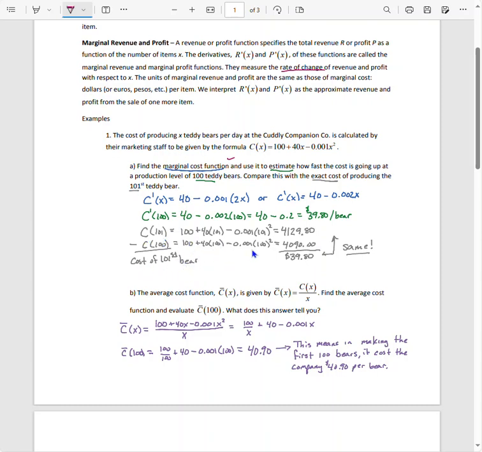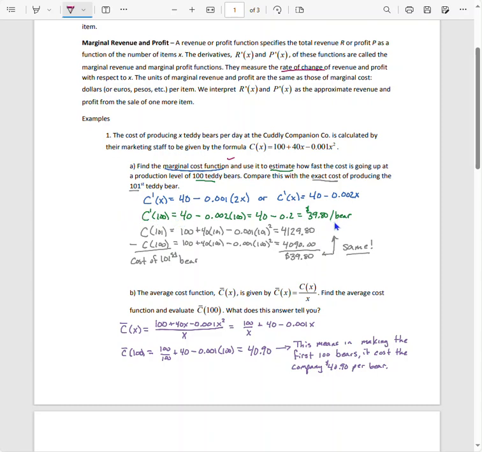I substitute my values and I get $4,090. When I do the subtraction, I find that the marginal cost, the cost to make the next bear, is $39.80, which is exactly the same as if we were just to use old school algebra. We can get there much quicker using this method.